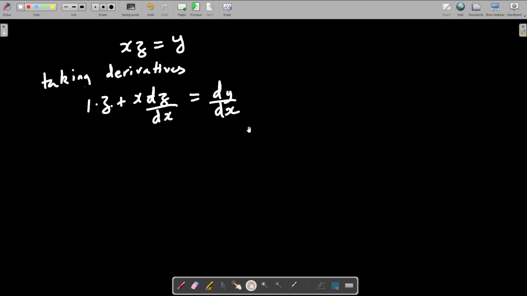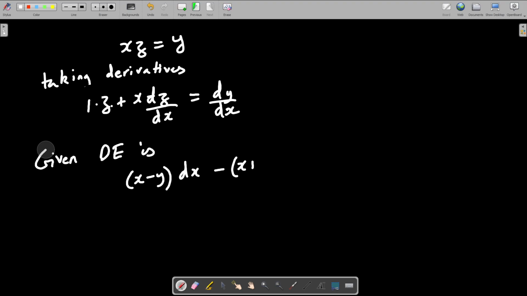Now the given differential equation is (x minus y) dx minus (x plus y) dy equal to 0.